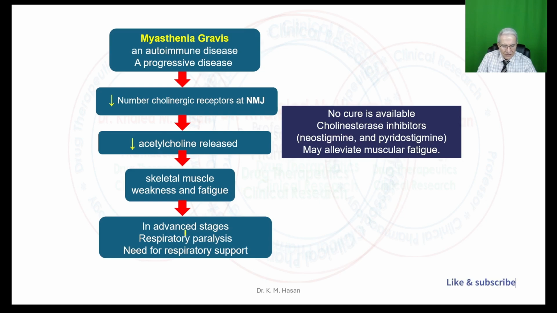In advanced stages, this weakness and fatigue will reach the respiratory system, and the patient will need to be placed on respiratory support or a ventilator. The issue with myasthenia gravis is that we don't have a cure available. Cholinesterase inhibitors such as neostigmine and pyridostigmine may alleviate the symptoms and muscular fatigue.